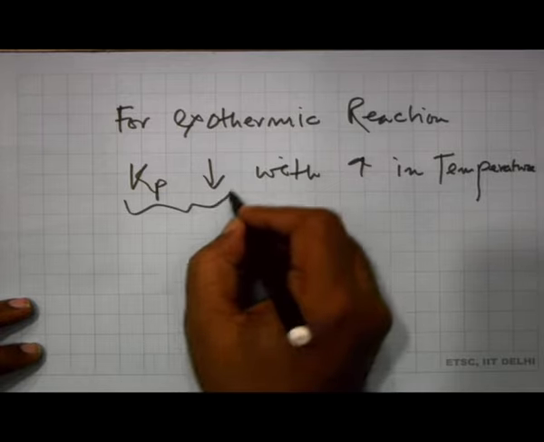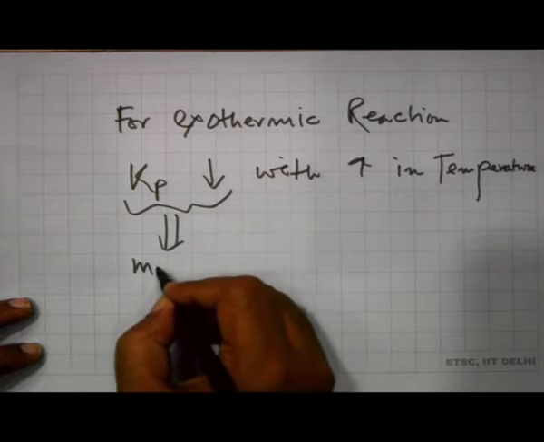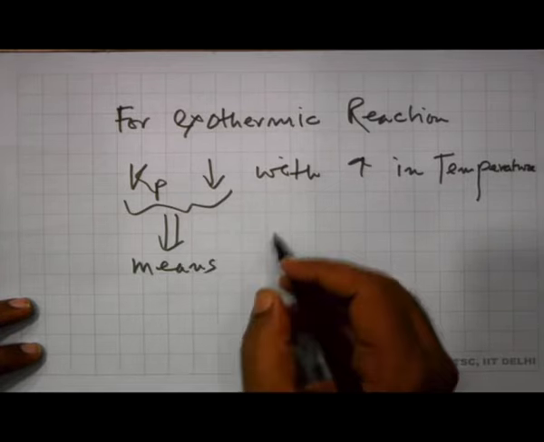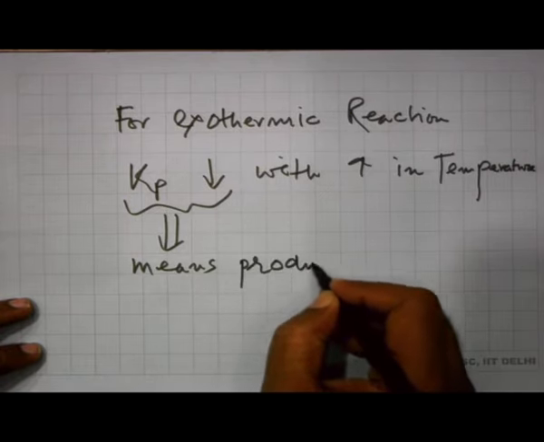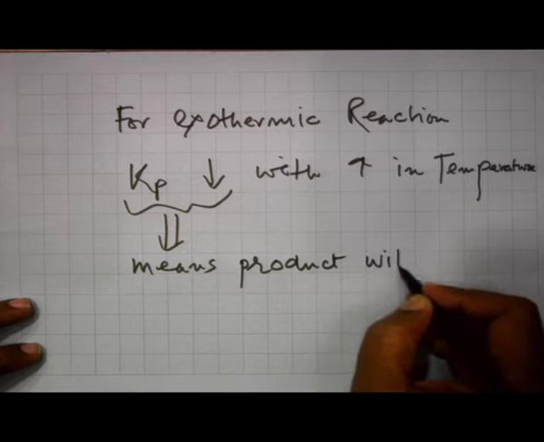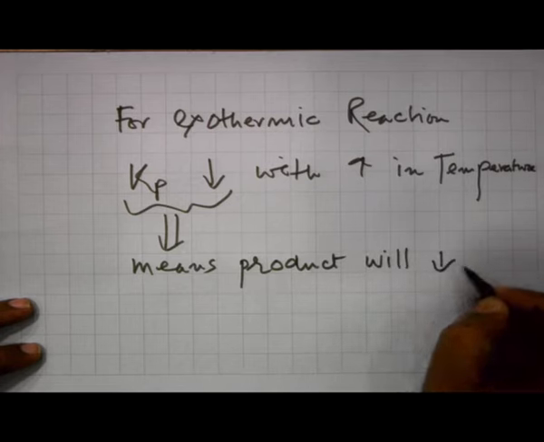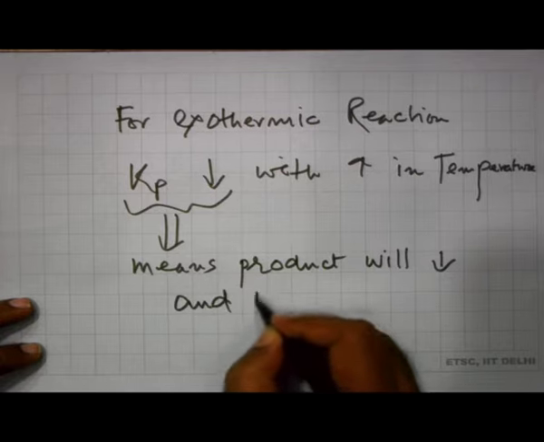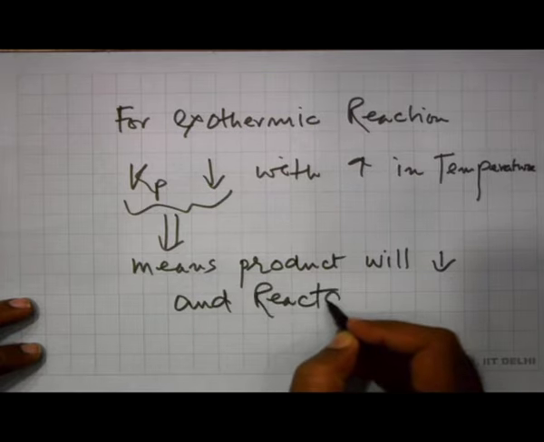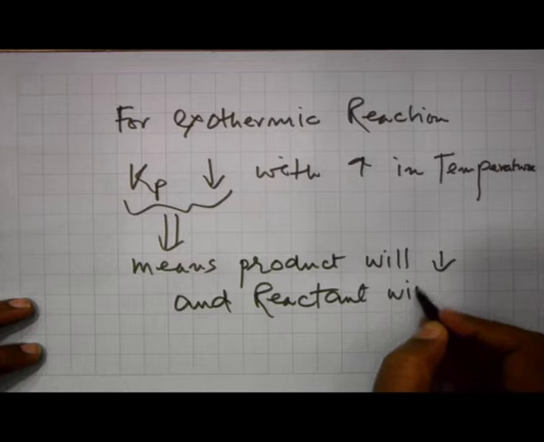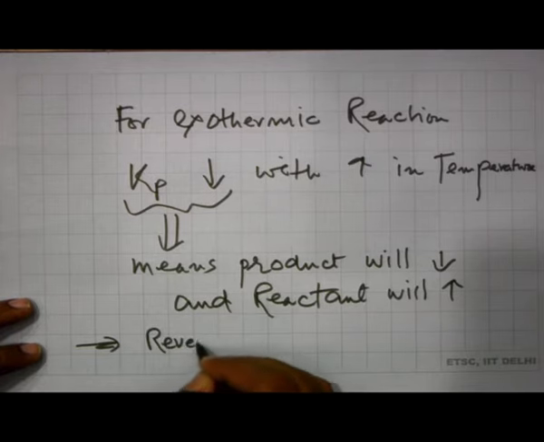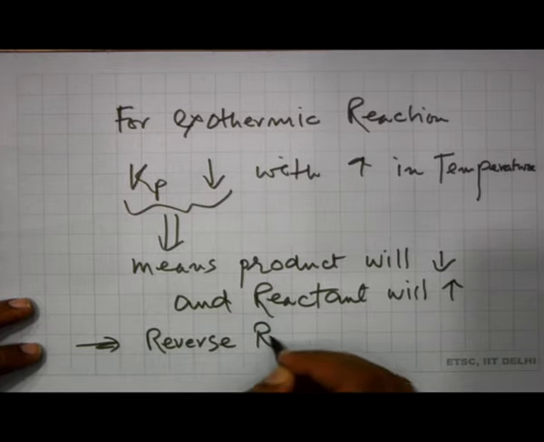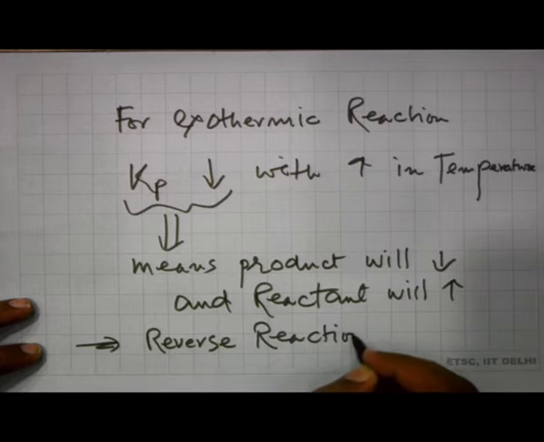Kp decreases means your product will decrease and reactant will increase. And that means the reverse reaction is favored.